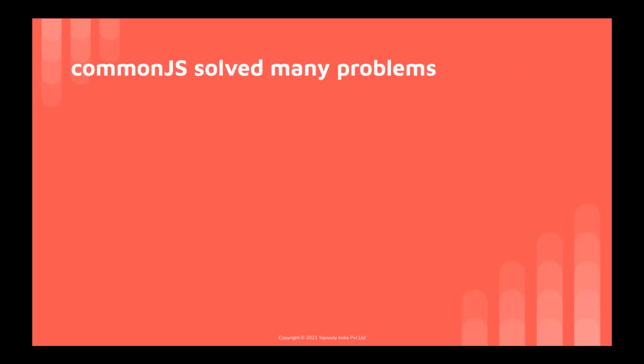The CommonJS module system solved many problems. We don't have to remember the scope of the variable. Each variable declared inside a file cannot be leaked outside of the file.